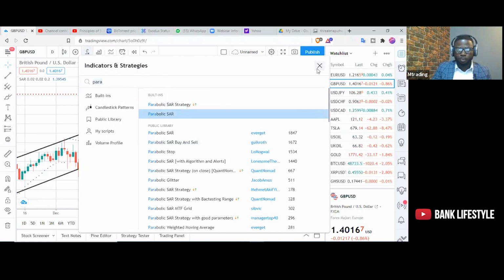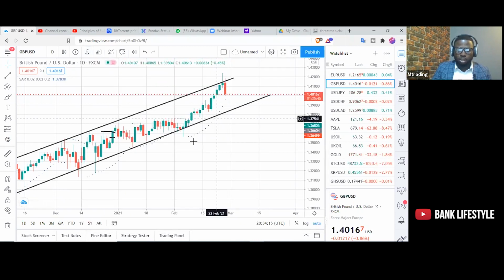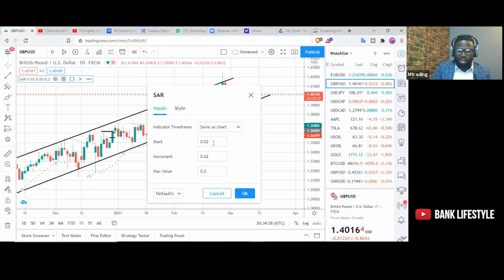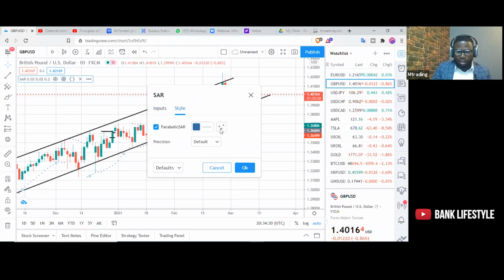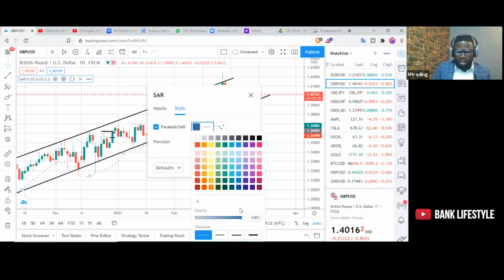There you go. So you see these small dots on top and at the bottom of our candlesticks. Let's go into the settings of the parabolic. For these dots, I don't really see them very well, so let me make them more bold, for you to also see them very well.